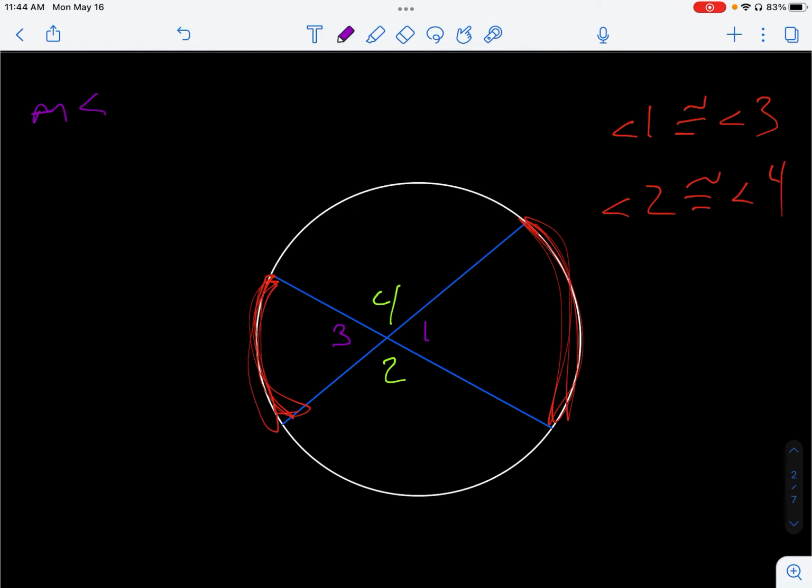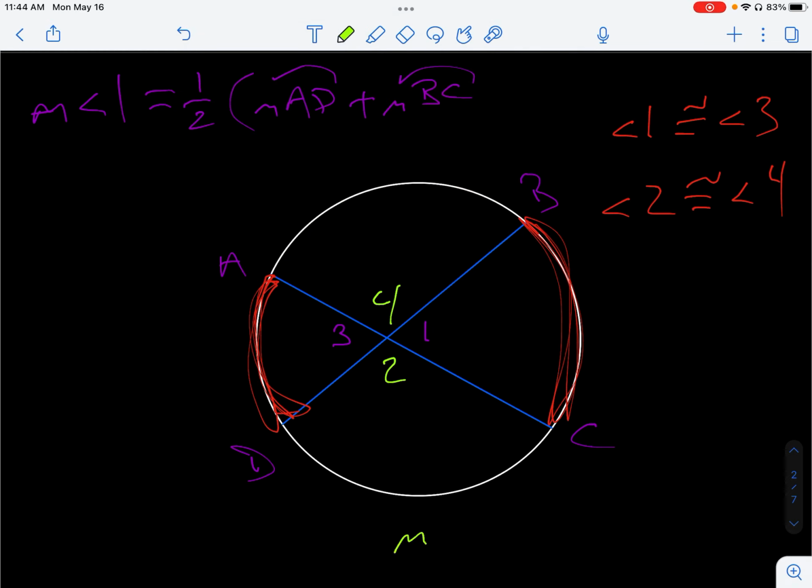The measure of angle 1 equals 1/2 the measure of arc AD plus the measure of arc BC.